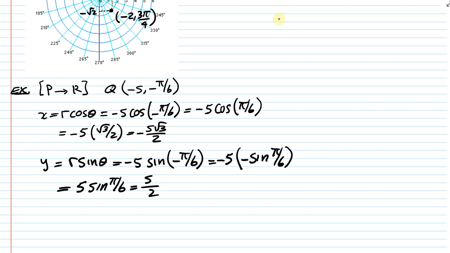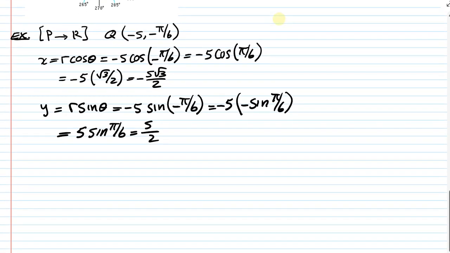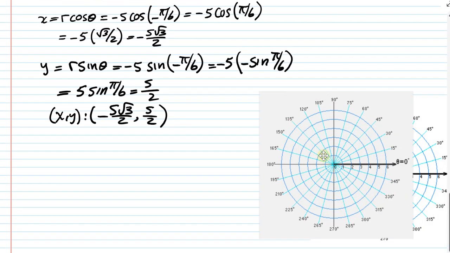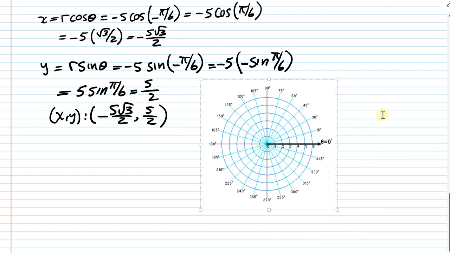So that's 5/2. Remember, these are special angles, so we should know their exact values by now. And the xy coordinates of the point are going to be negative 5 root 3 over 2 and 5/2. Okay. Now, I'm going to bring my coordinate system and try to plot the point here for you.